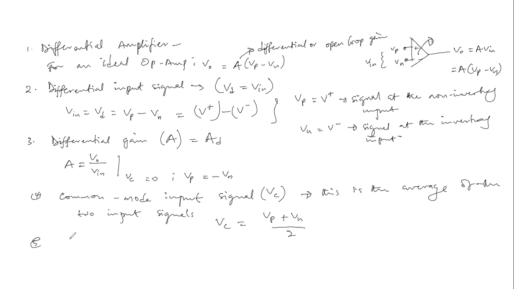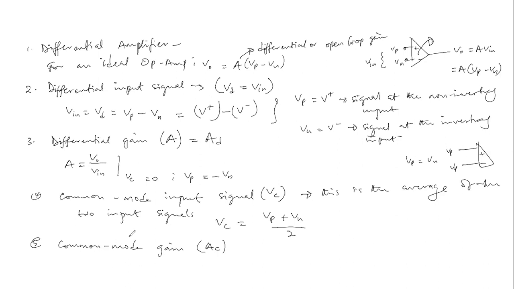And also, we have the common mode gain. Designate this as A sub C. And this results from the same signal being applied to the two terminal inputs of the op amp. That is where Vp is the same as Vn, such that the two terminals coming in here happen to be probably Vp, Vp, or it could be Vn, Vn, so they are the same, okay?